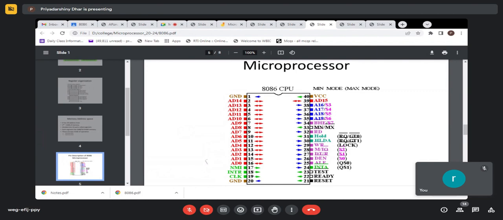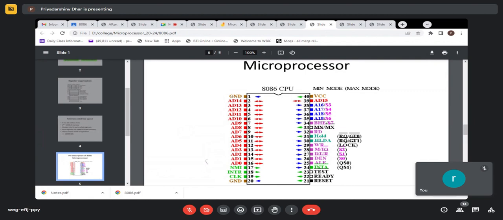When multiple processors are present with the 8086, meaning along with the 8086 some other processor is also present, this mode is called maximum mode. So the 8086 can work in minimum mode and also operate in maximum mode.